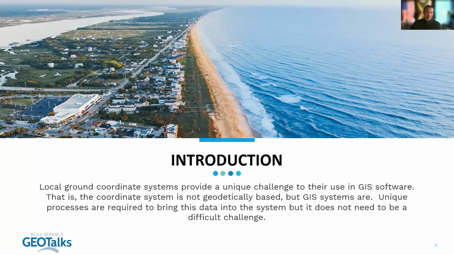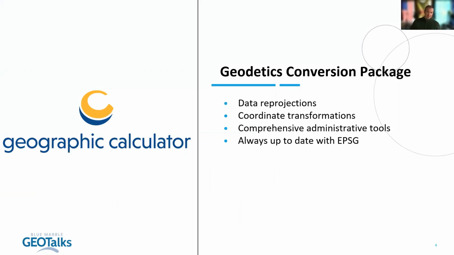So what we're going to be looking at today is our product called the Geographic Calculator. It essentially is a geodetics conversion package. If you're not familiar with the calculator at all, it specializes in data reprojections, coordinate transformations, so moving coordinates from system to system, unit conversions, and all of those very granular level management tasks that you have with dealing with geodetic data, or simply coordinate data that is not geodetic in this case.